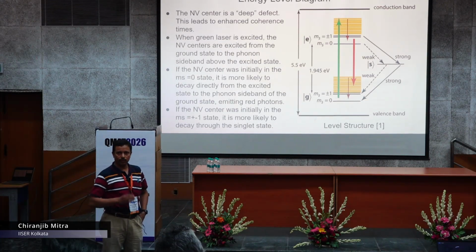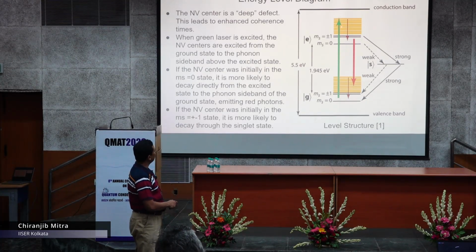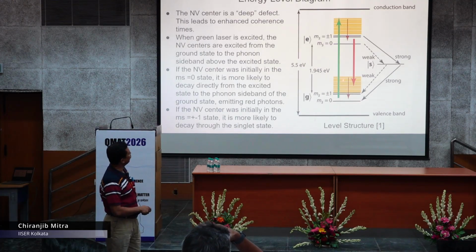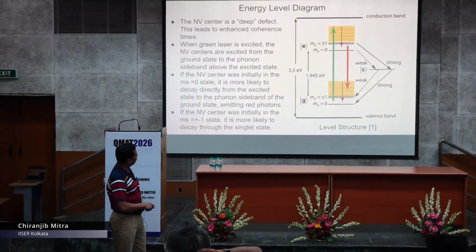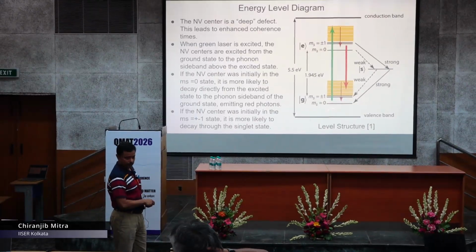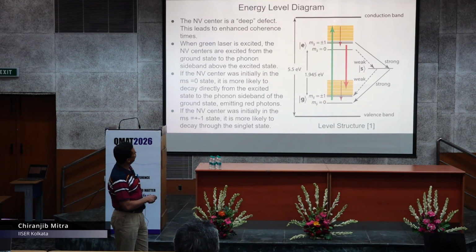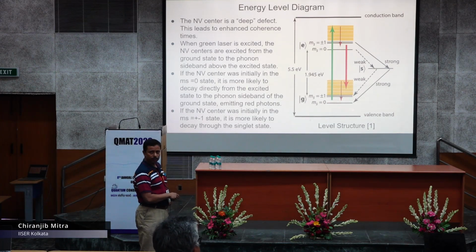And how do we get ODMR, the optical detection of magnetic resonance? We come with a green laser, a 532 nanometer laser, and we excite the electronic spin from the ground state to the excited state, and it goes well beyond into the vibronic levels, and then it comes down non-radiatively. If it goes from m equal to 0, it will come back to m equal to 0.